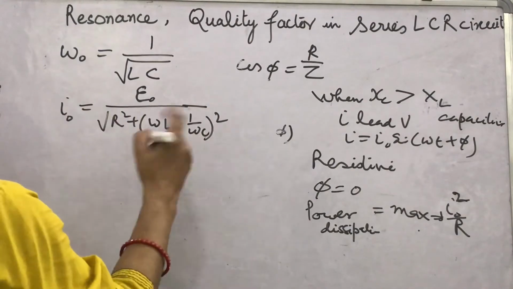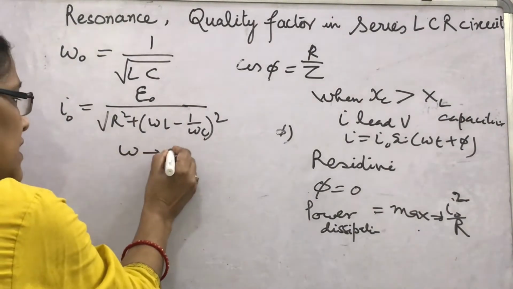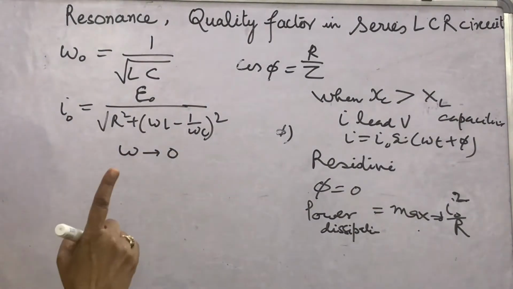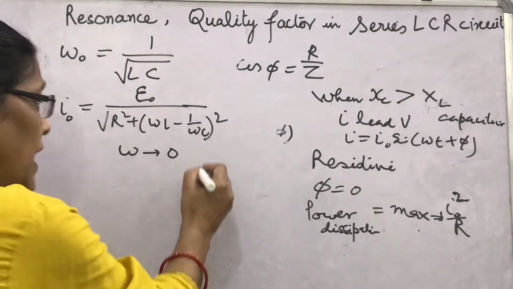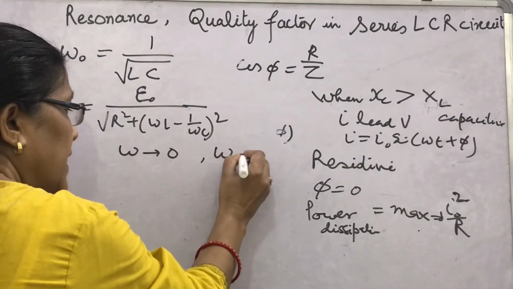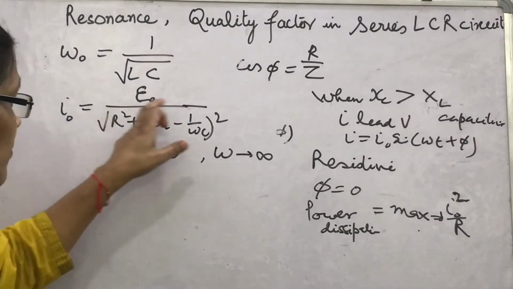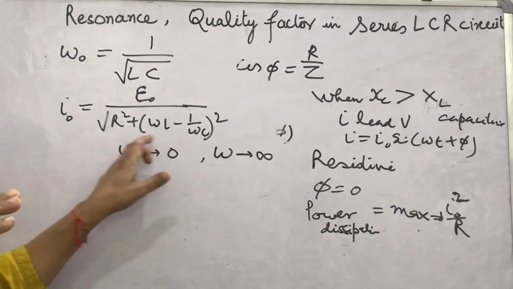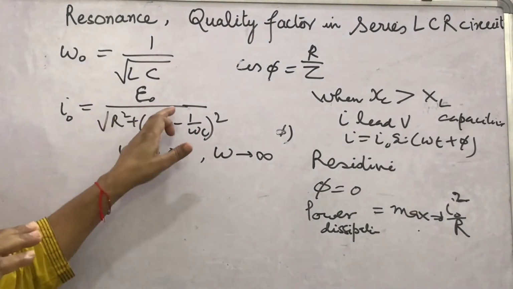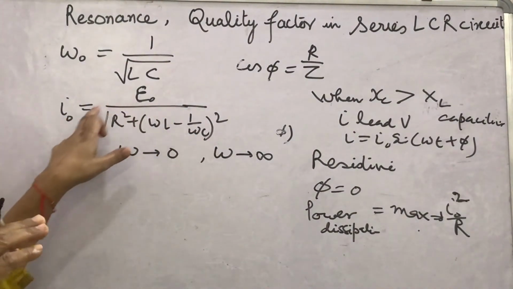Then we have seen that for omega tending to 0, very small, and for omega tending to infinity, that is very large, for these two values this denominator will tend to infinity. So what will become I naught here?